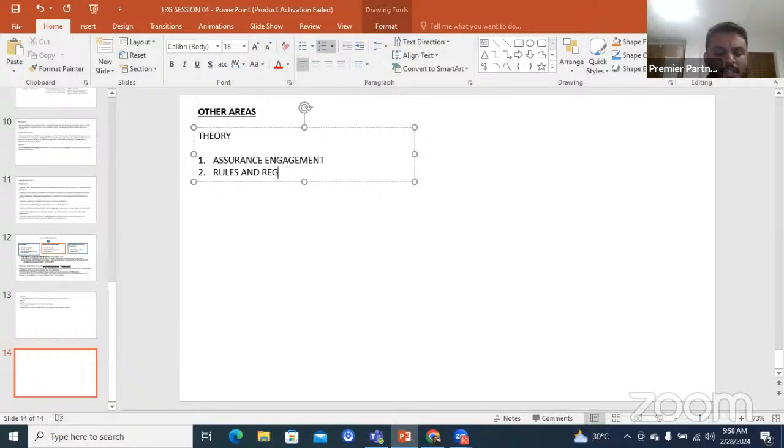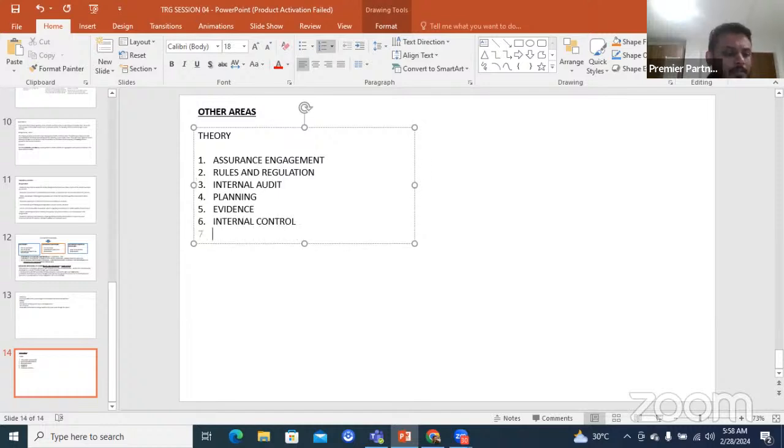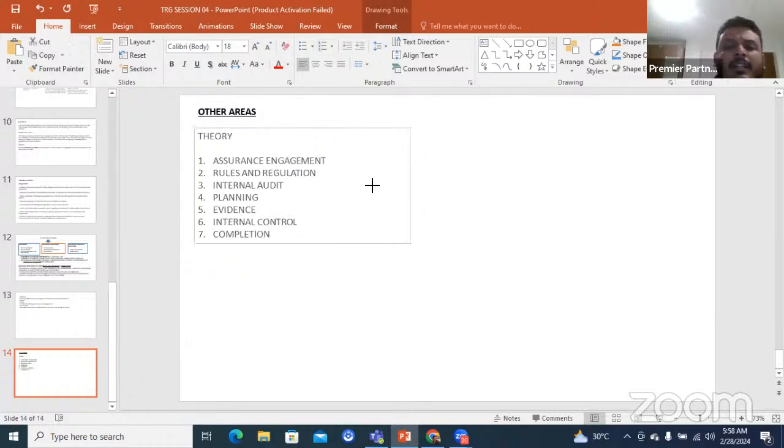Second one is rules and regulations. Third one is internal audit. Fourth one is planning. Fifth one is evidence. Sixth one is internal control, not test of control, internal control. Then completion. All these points I can put under the category of theory.